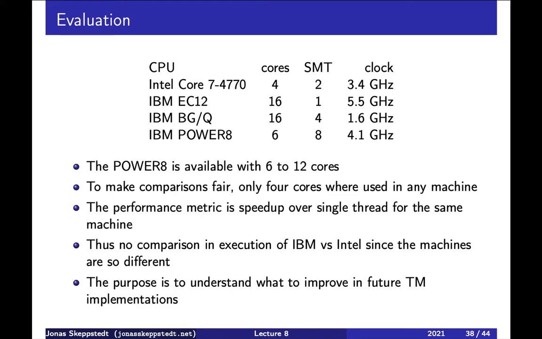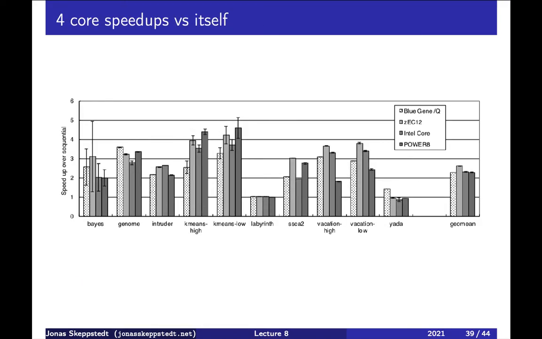And the purpose is not to say that this machine is the best, because they are on completely different markets, but instead to understand how to improve transactional memory implementations in future implementations. Okay, so 4 core speed up versus itself.